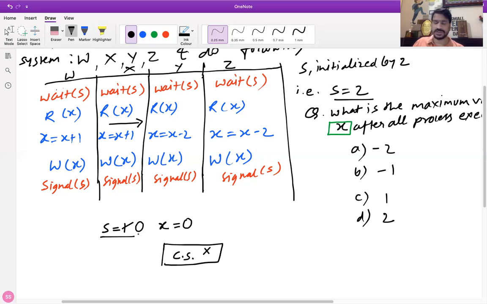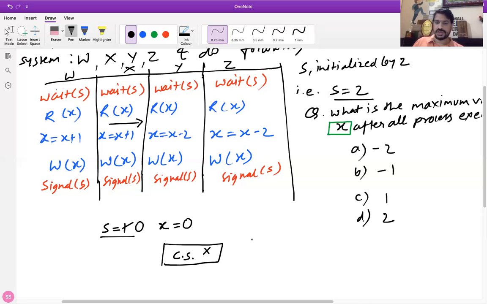If the S value is 0, can we allow it to go to the critical section? We do not allow it, because the wait function says that if the S value is less than or equal to 0, it will be in a busy wait. Because it is a 0 value, it will not allow Y to go to the critical section.